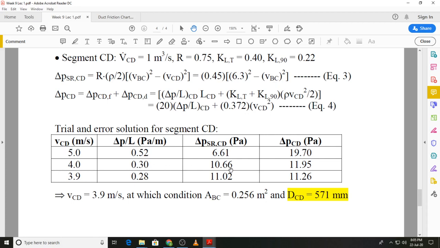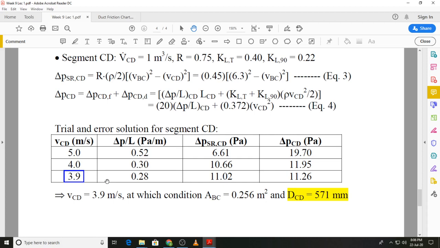When I reduced it to 4 meters per second, the two values are close enough, and I can just reduce the value slightly, because I still want to increase the static regain by a small amount. So I made my next guess as 3.9 meters per second, at which the static regain is 11.02 pascals, whereas the pressure drop is 11.26 pascals, and that is where we can stop the iteration and take the value 3.9 meters per second as the velocity in segment CD.